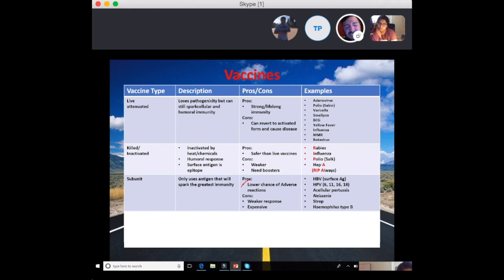And the cons is that you'll get a weaker response and it is more expensive because you have to modify, either molecularly or genetically, whatever subunit you're using to create this vaccine. And the most famous examples are the Hep B and Haemophilus type B.